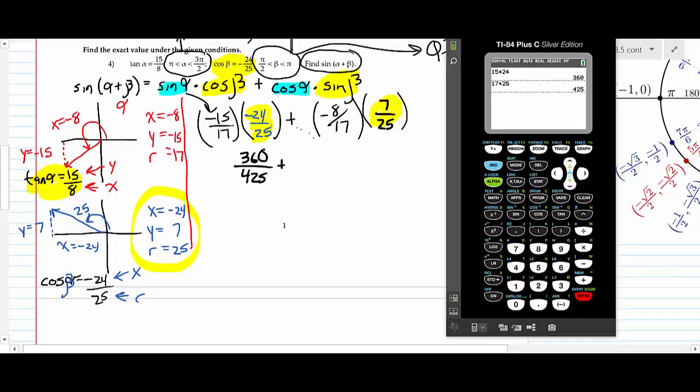Then I'll go over and do this. Now that's a positive, and over here it's negative 56. And then 17 times 25 is 425, like that. And then I've already got a common denominator. You're pretty well always going to have that case in this problem. So we got 425, and then if you do 360 minus 56, that's going to be 304. So that's it. It's a weird answer, but that's the answer.